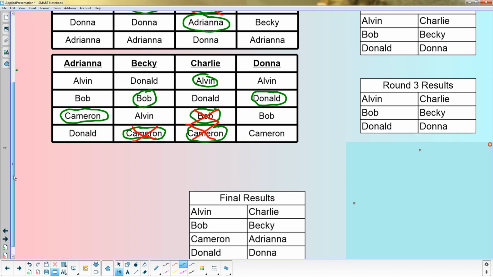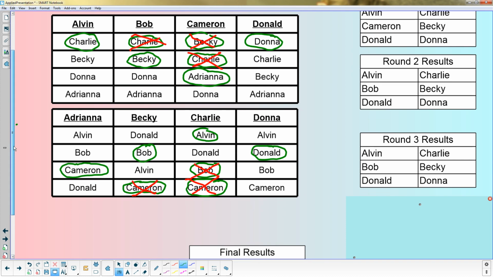To make sure that this produces a stable matching, we see that Alvin is going with Charlie. That's his top choice, so he doesn't prefer anybody else over Charlie. At the same time, Charlie is going with Alvin, who's her top choice, and thus doesn't prefer any of the others over Alvin.